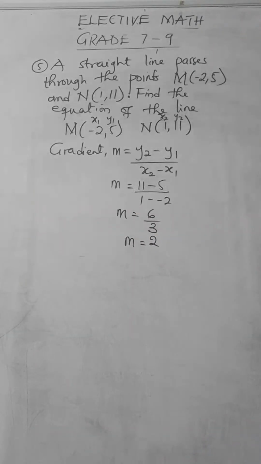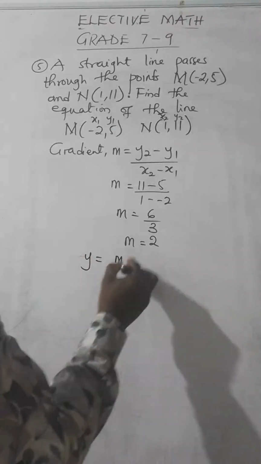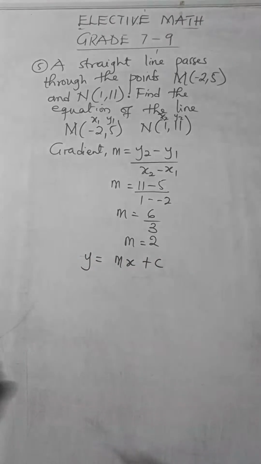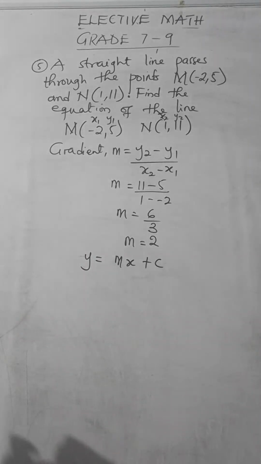Then we continue to solve for the equation. The equation we can use is y is equal to mx plus c. That is the formula for finding the equation. So we have the values here. We can use the first point.